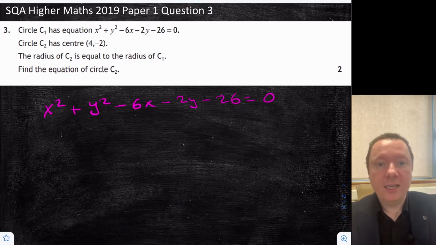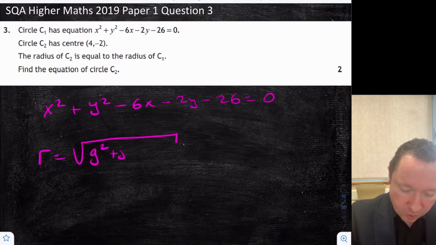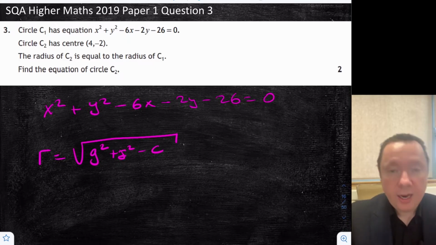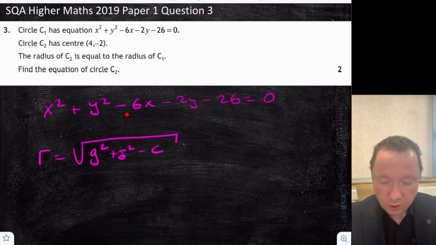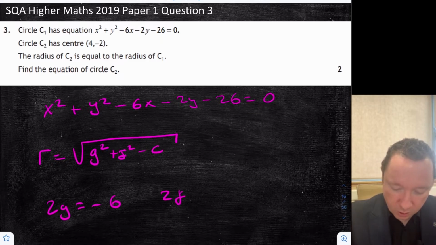You're given the radius formula at the start of the exam paper. The radius is quoted as equaling the square root of g squared plus f squared minus c. And this is called 2g and 2f. So 2g is minus 6 and 2f is minus 2. So my g is minus 3 and my f is minus 1.